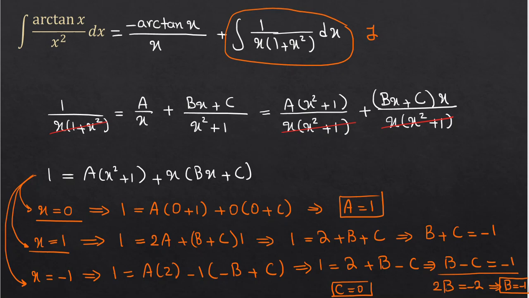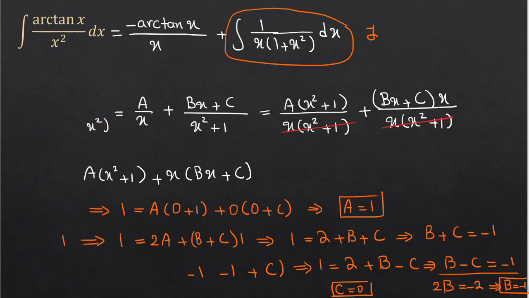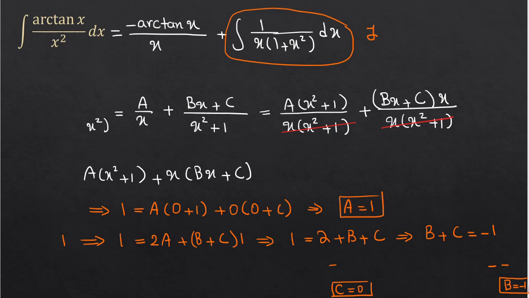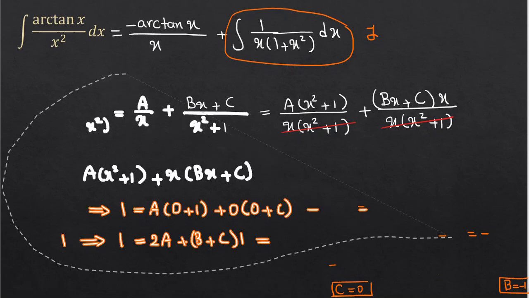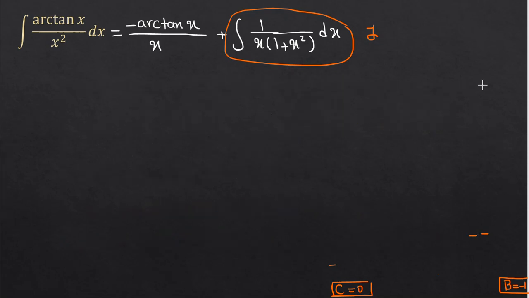So knowing these values, now I can continue. a is equal to 1, b is equal to minus 1, and c is equal to 0.